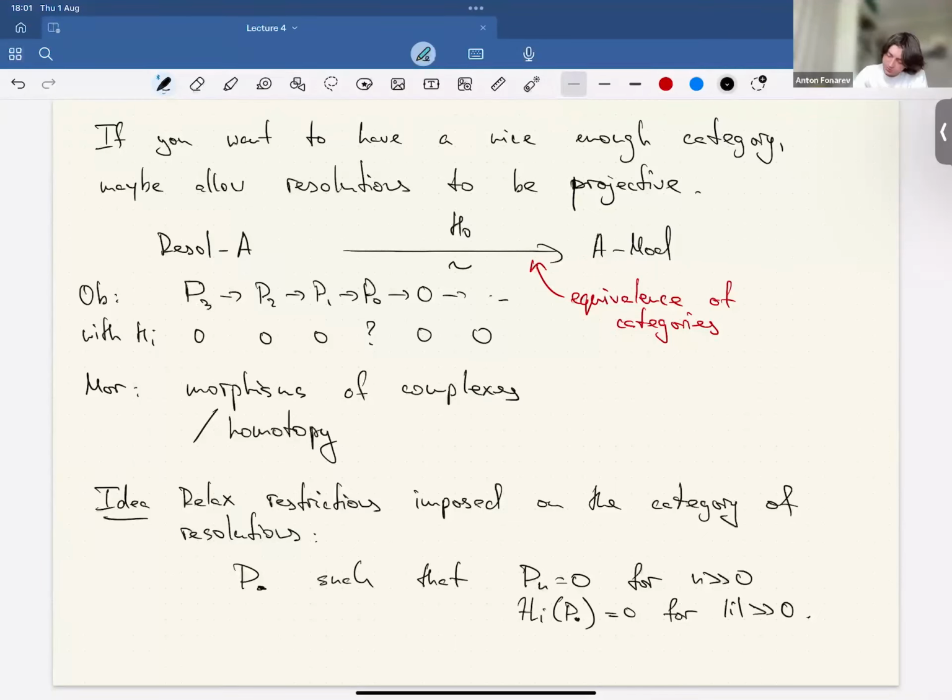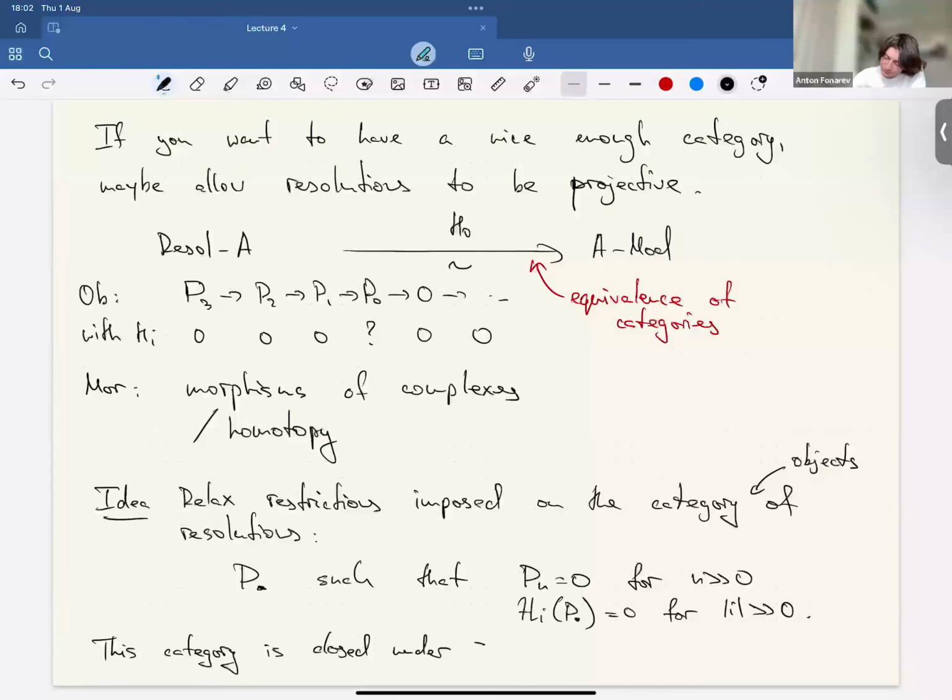So what is good about this category, so morphisms as before, on the category, so specifically objects. Then this category is closed under various operations.